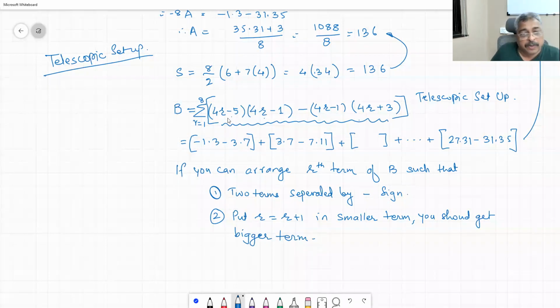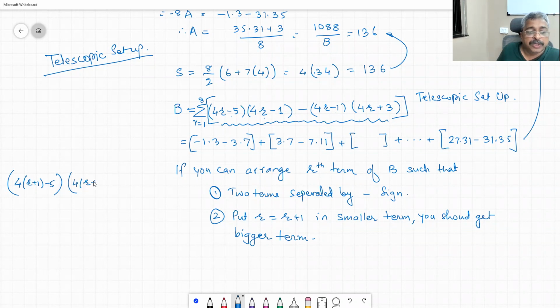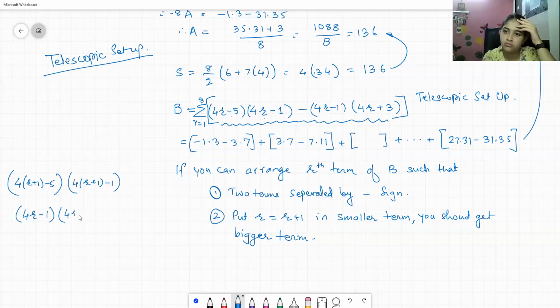Now let us see. This is a smaller term. So if I put r is equal to r plus 1 here, 4 times r plus 1 minus 5 is going to be the first term, into 4 times r plus 1 minus 1 is the second term. So if we simplify this, we get 4r minus 1 and 4r plus 3. This is our second term, the bigger term.